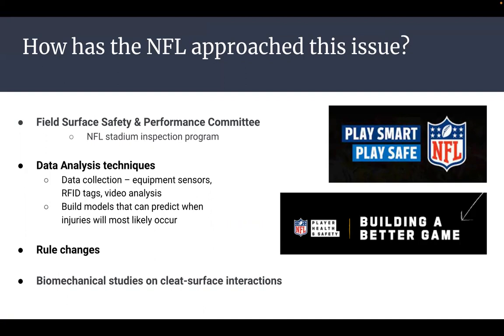This committee was created by the NFL and the NFL Players Association in 2016 to perform research on injuries and to use this research to advise on injury prevention, improve testing methods, and adopt new methods to evaluate field surface performance.